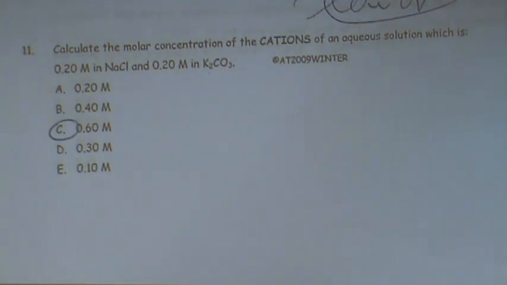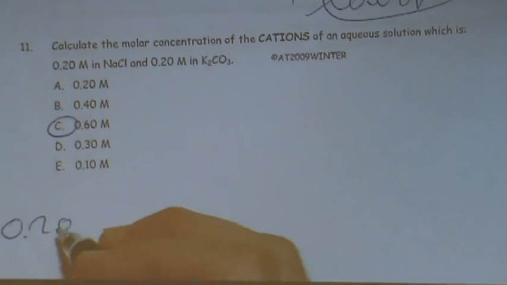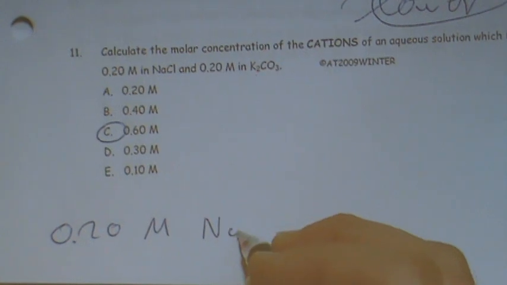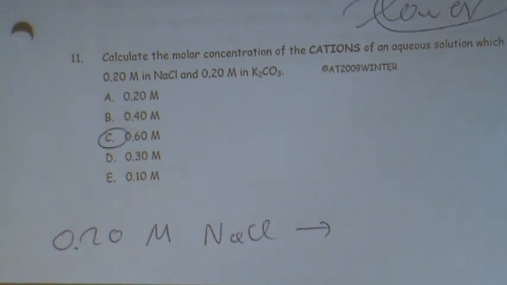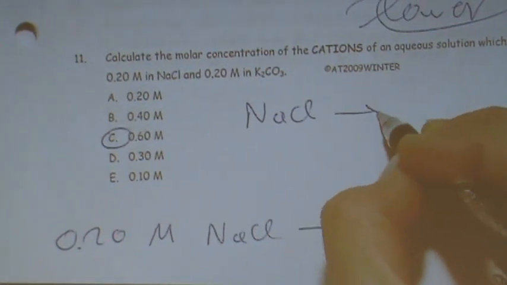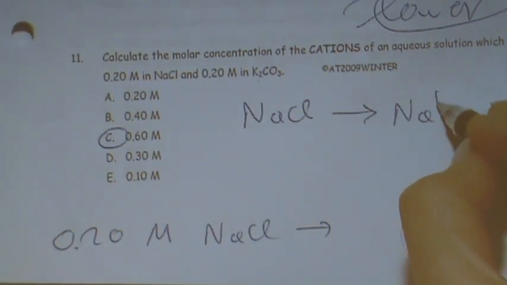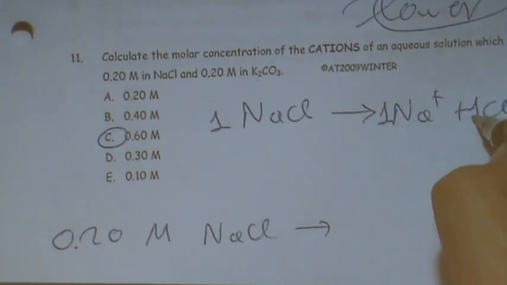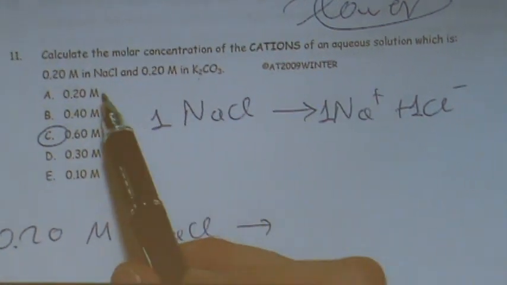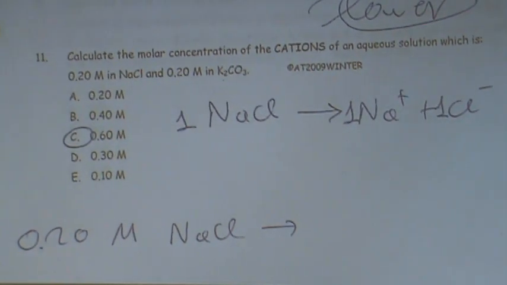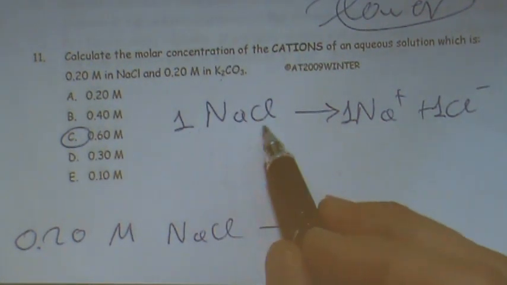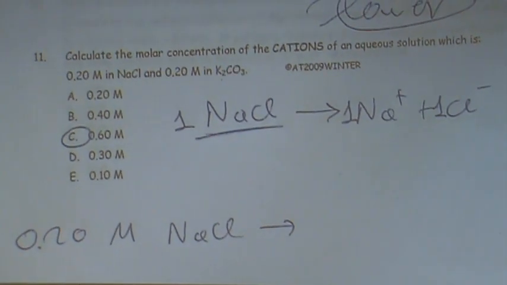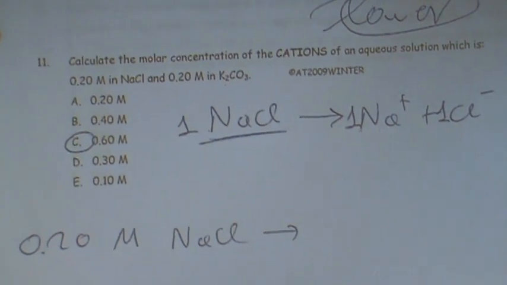So if you consider 1 liter, in that liter you have this number of moles of this salt and this number of moles of that salt, correct? Okay, so we say we have 0.20 moles per liter of sodium chloride. When sodium chloride dissociates in water, it gives you 1 cation and 1 anion, right? One formula unit will give you 1 cation and 1 anion. Therefore, if you want the concentration of cations, 1 formula unit, that means 1 mole, gives you 1 ion and 1 ion.